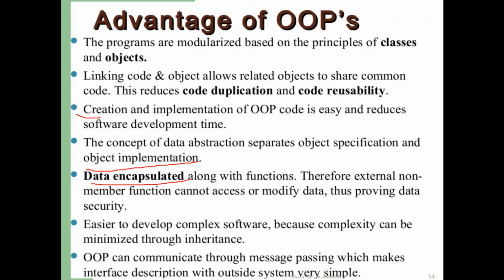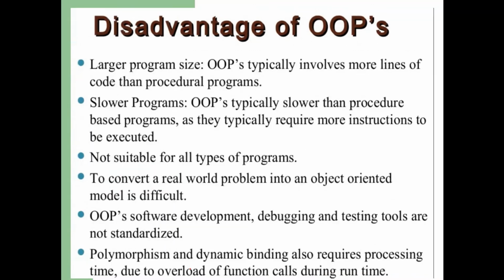It is easier to develop complex software because complexity can be minimized through inheritance and reusability. Object-oriented programs can communicate through message passing, which makes interface description with outside systems very simple. So these are the advantages of object-oriented programming concepts.